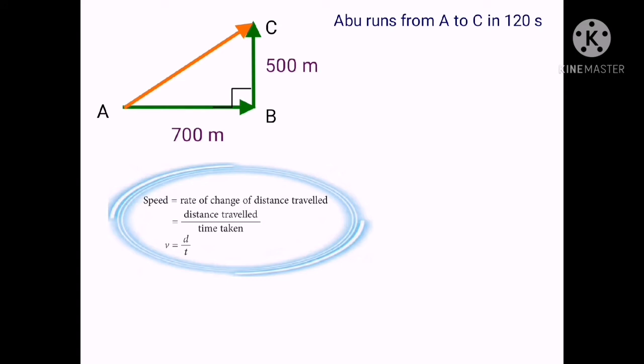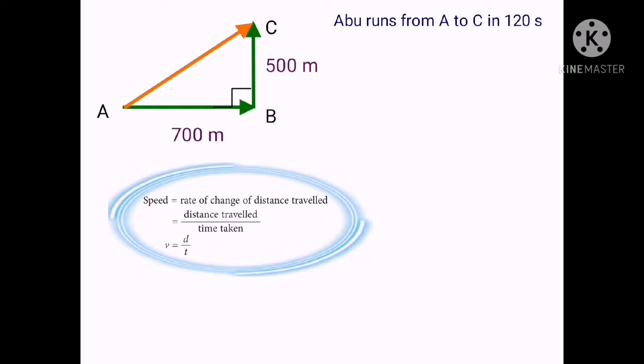Now, let's look at this example here. Abu runs from A to C in 120 seconds. Calculate the speed. Remember, the formula for speed is distance travelled divided by time taken.